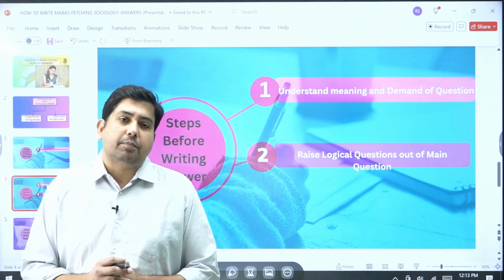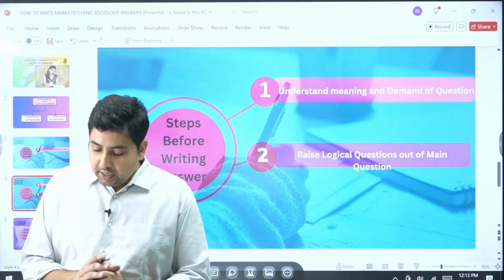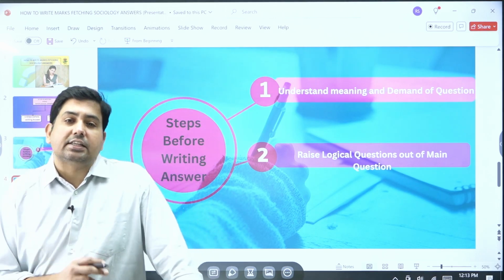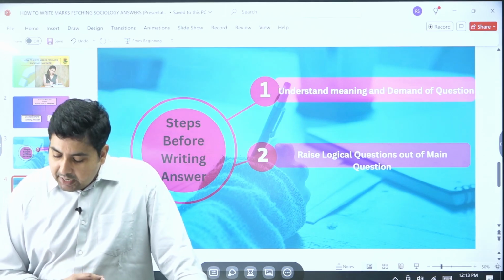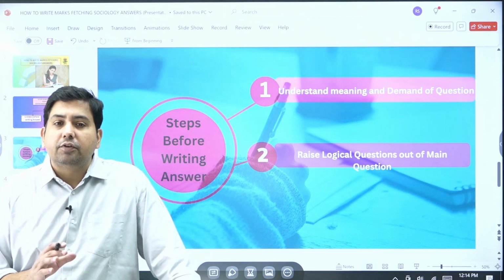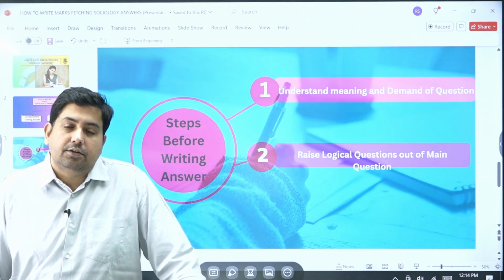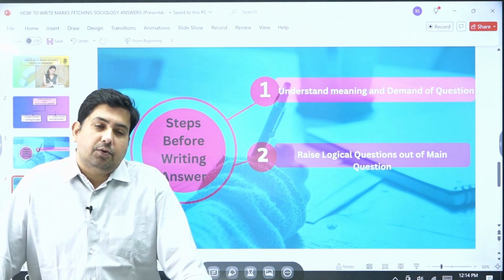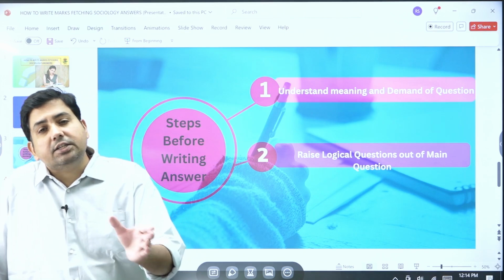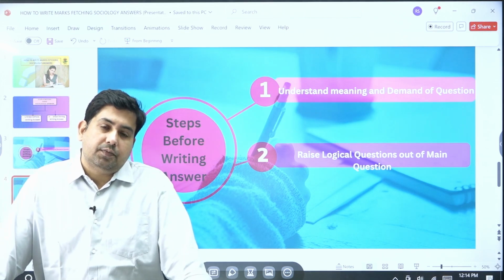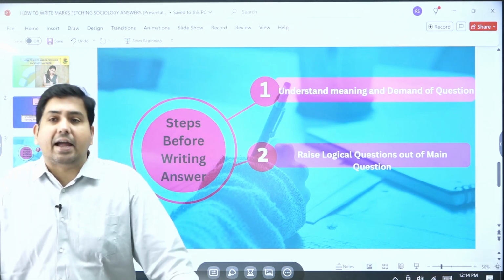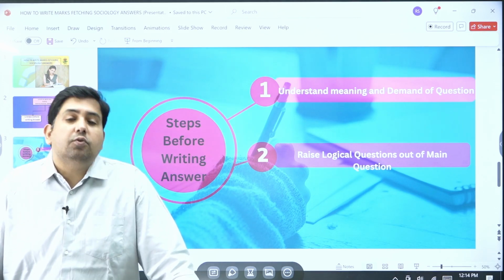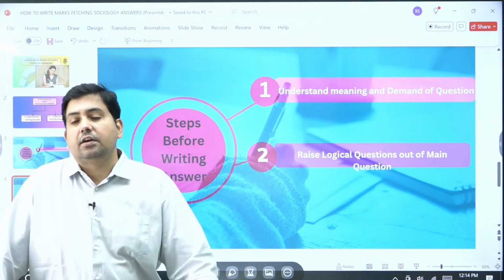Say for example, the question says: critically examine the concept of collective conscience by Emil Durkheim in context of modern societies. Suppose this is your question. So what is the meaning of the question? You have to look into what the question actually says. You must understand that first.